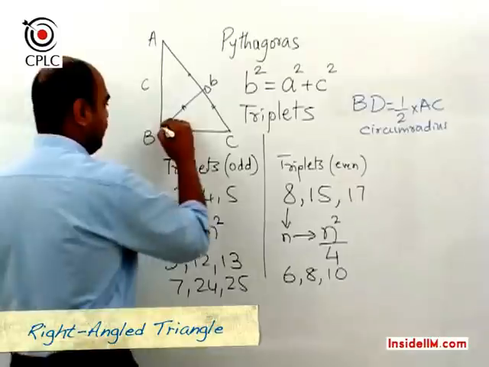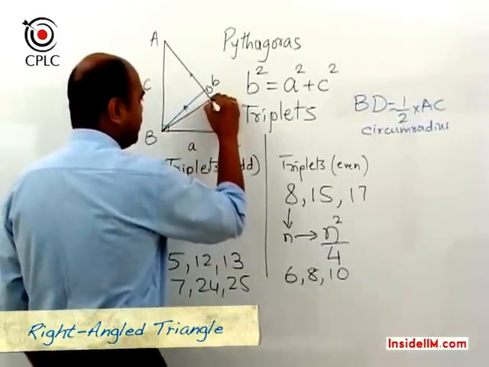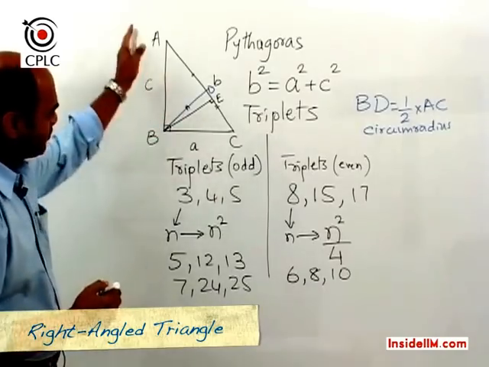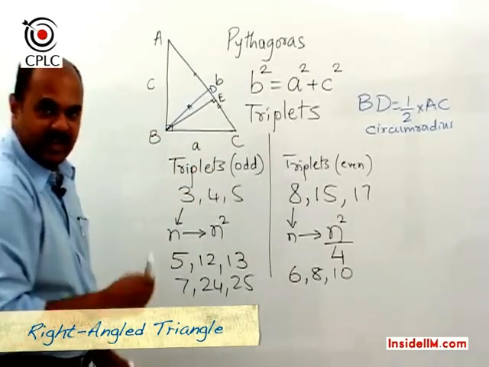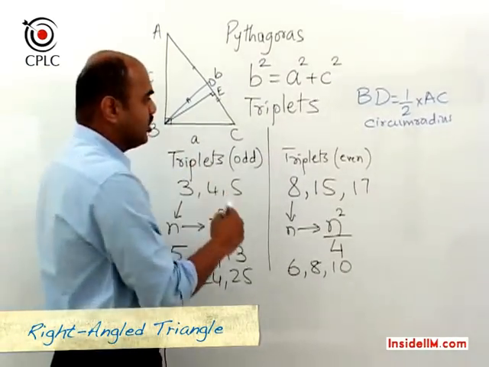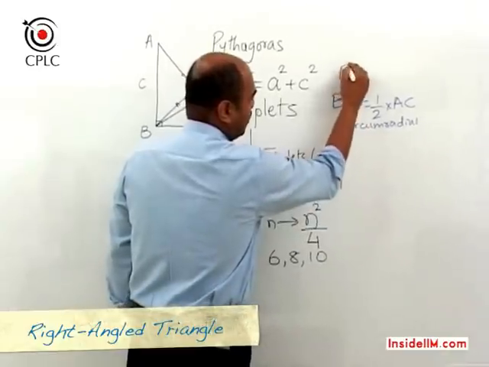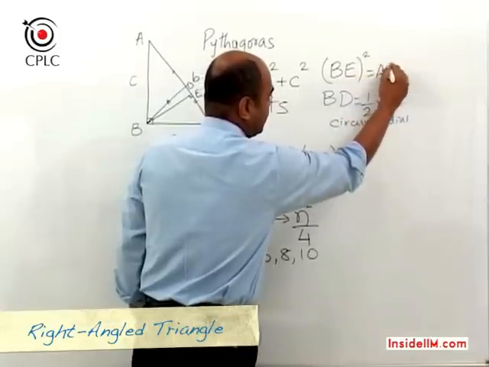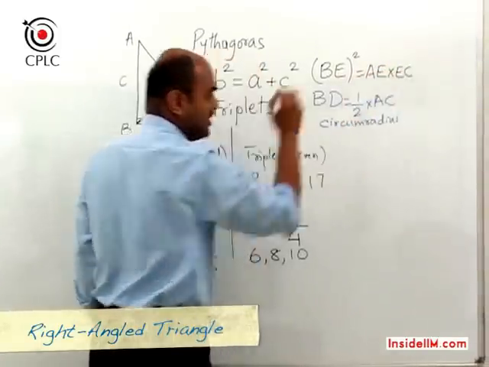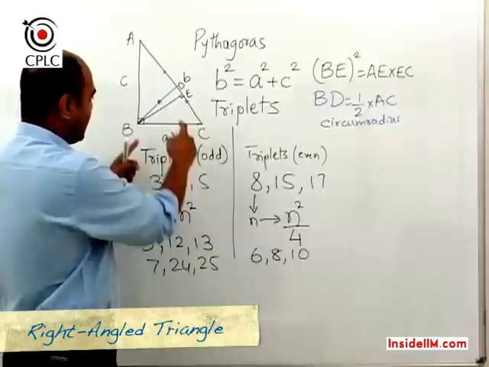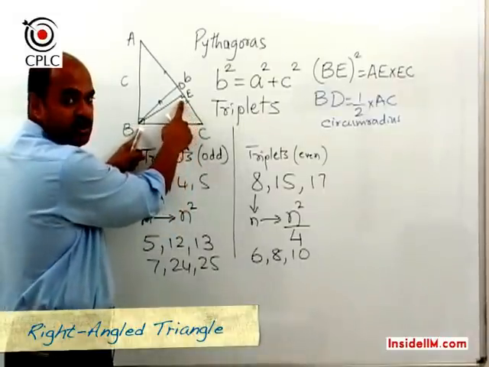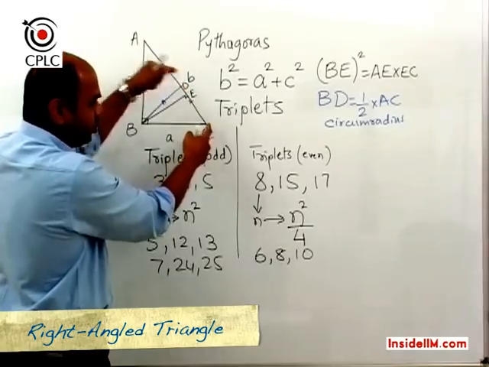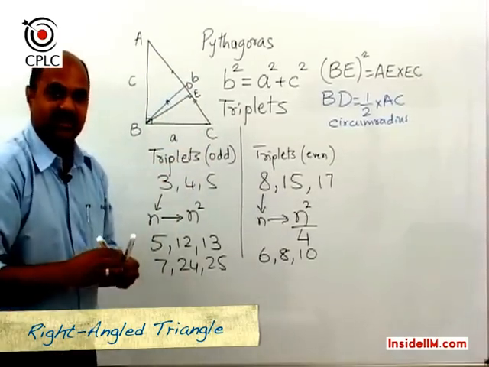Instead of the median, if we draw the altitude to the hypotenuse, so if BE is perpendicular to AC, then with respect to the altitude to the hypotenuse, we have an important property, which is BE square is equal to AE into EC, which basically means that the square of the altitude is equal to the product of the two parts into which the hypotenuse is divided.